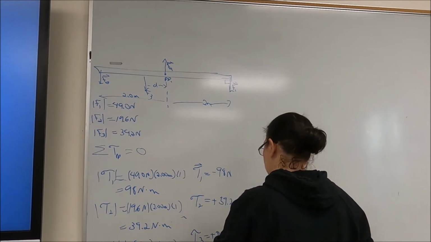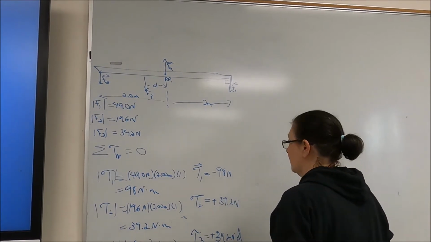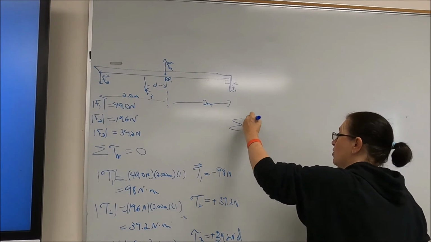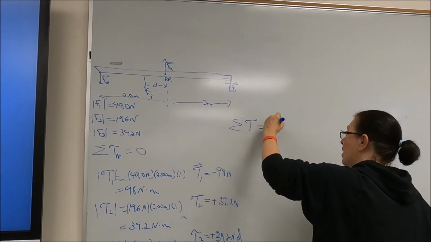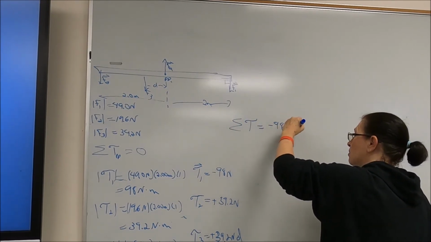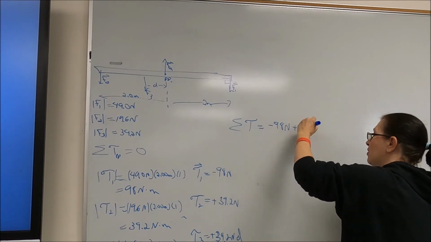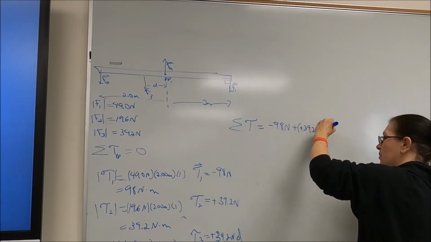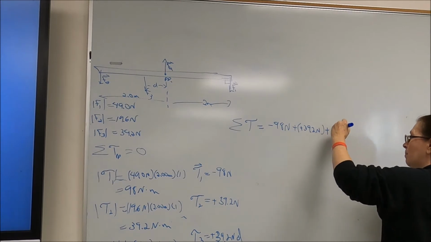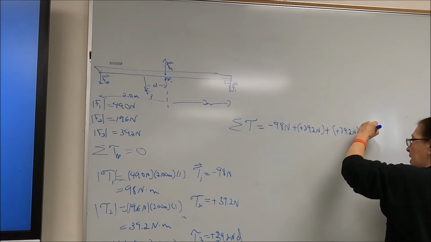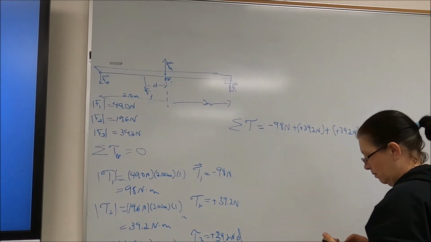39.2 newtons times D. So if I look at the sum of the torques, I get a minus 98 plus 39.2 plus 39.2 times D equals 0.